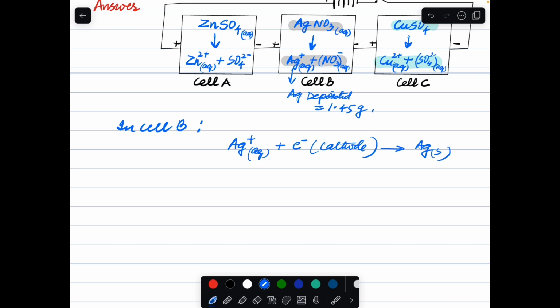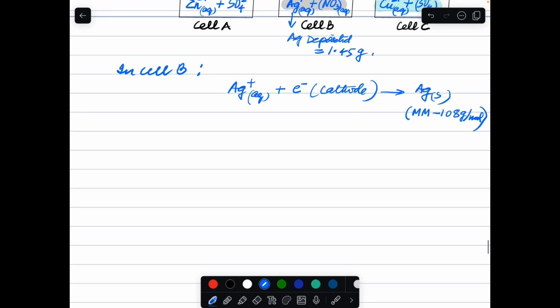We have to remember in each case the molar mass of the species being produced. The molar mass of silver is 108 grams per mole.